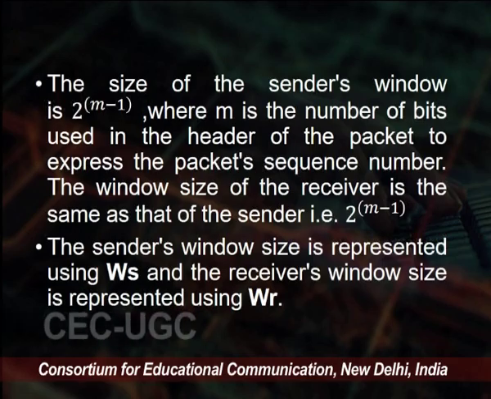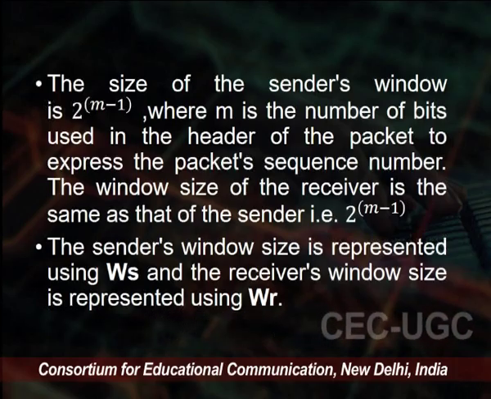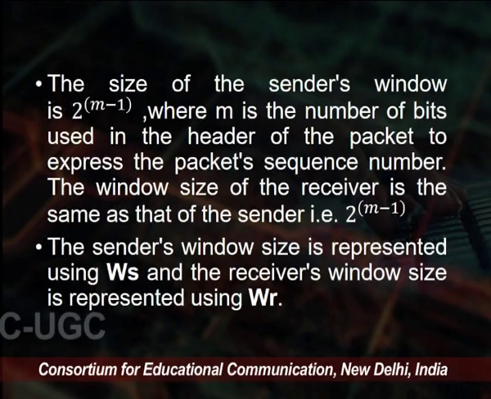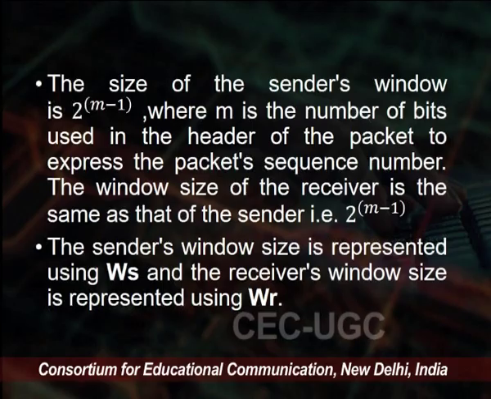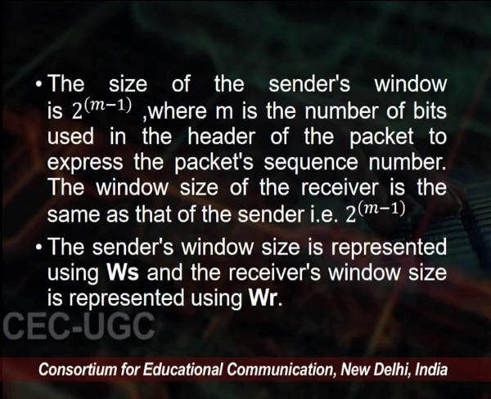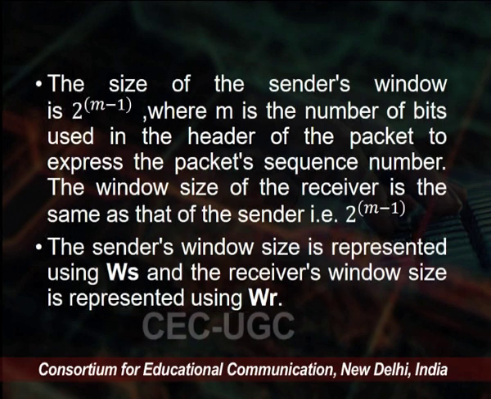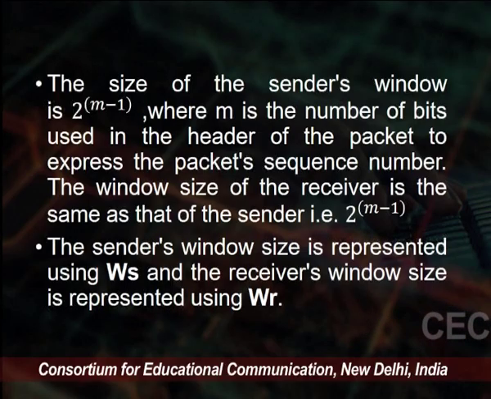So, whatever the sequence number of the packet is, in order to represent that packet number, whatever number of bits are going to be used, if we name those bits using m, then 2 to the power m minus 1 is going to be the size of the sender's window, and hence the window size of the receiver is also, as I have already told you, the same as that of the sender. This is also going to be 2 to the power m minus 1.